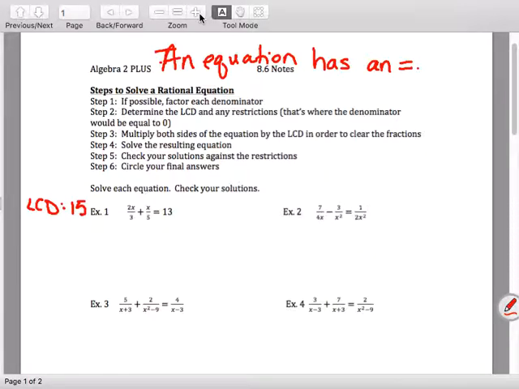Any restrictions? Is there any value for x that would make those two denominators 0? No, because if I have 3 and 6, it's not 18. It's the least common denominator. Okay, so you don't necessarily just multiply them, but that does happen a lot.